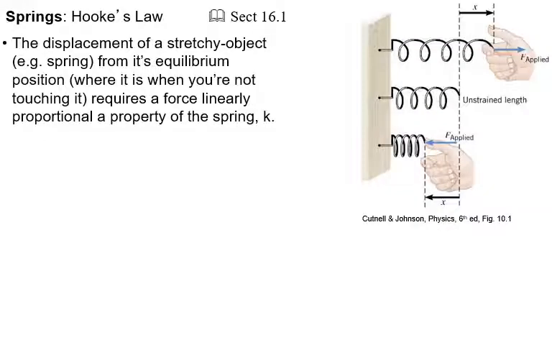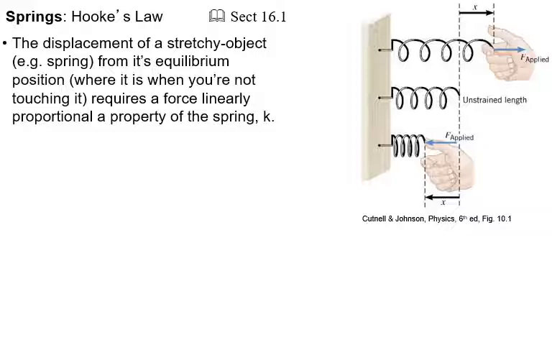Okay, so for springs, that equation that I just mentioned, which you likely now know already from your reading, is known as Hooke's law. In words, the law is that the displacement of a stretchy object, like a spring, from its equilibrium position, which is where it would be if you weren't messing with it, requires a force that is linearly proportional to an intrinsic property of the spring, which we refer to as the spring constant k.